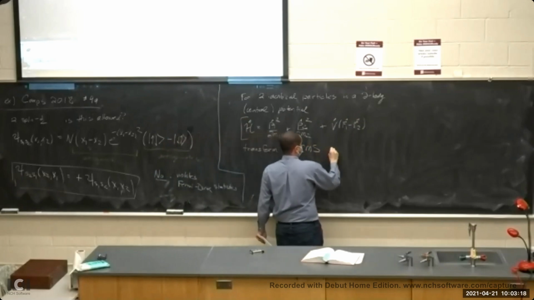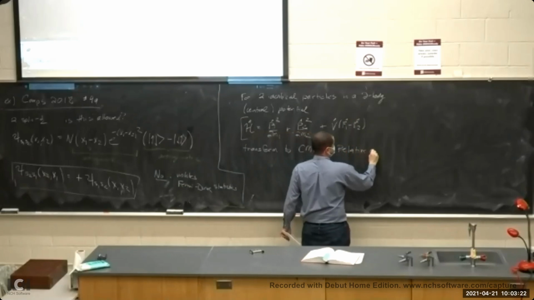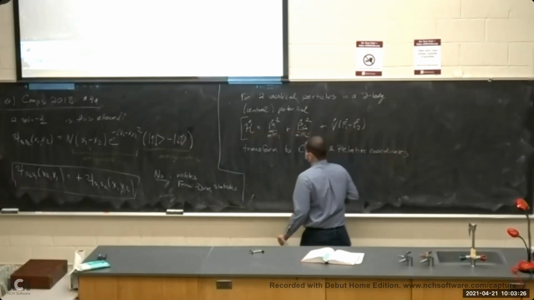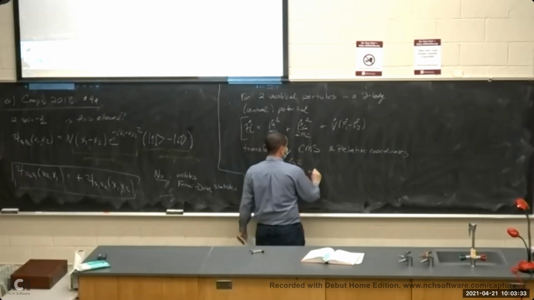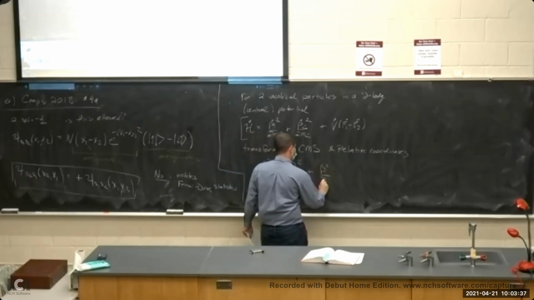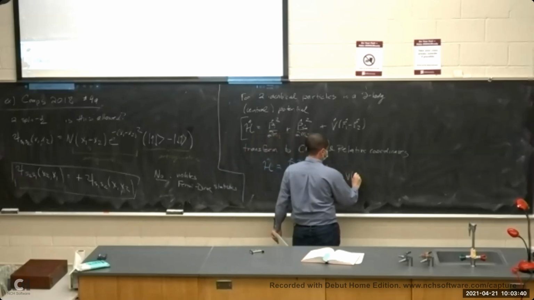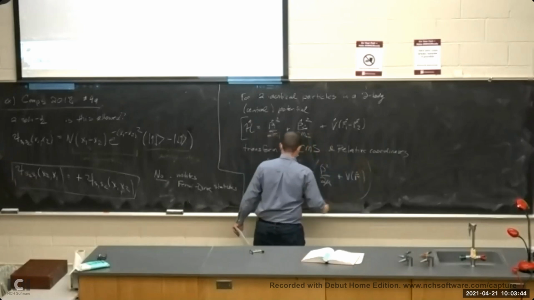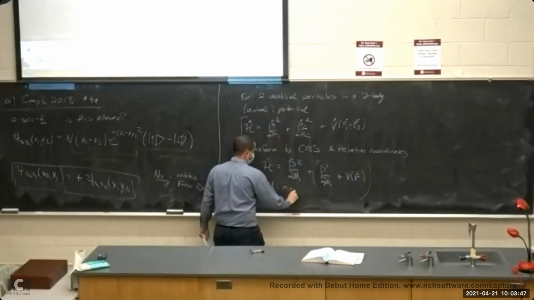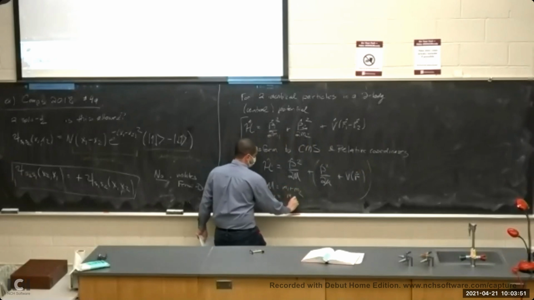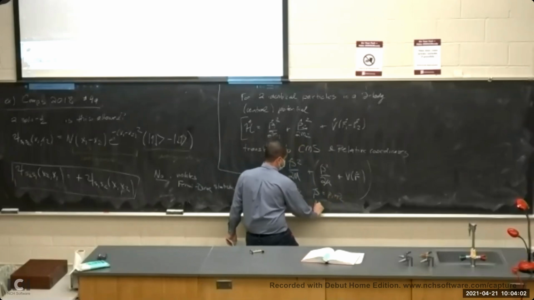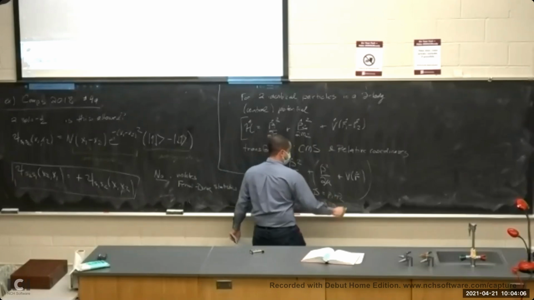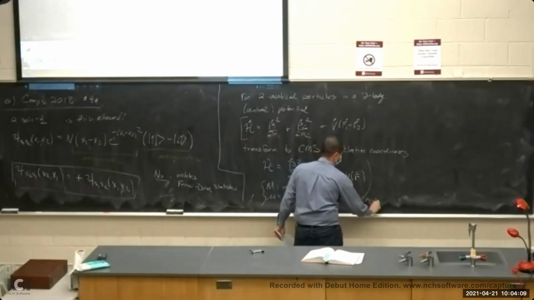This Hamiltonian can be written as total momentum P squared over 2 times total mass, plus relative momentum p squared over 2 times the reduced mass, plus relative potential V of R, where capital M is m1 plus m2, mu is the reduced mass m1 m2 over m1 plus m2, capital P is the total momentum, which is conserved, P1 plus P2, little p is the relative momentum, and R is the relative distance R1 minus R2.